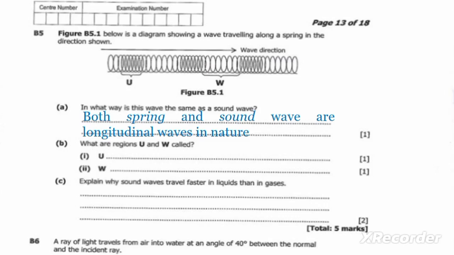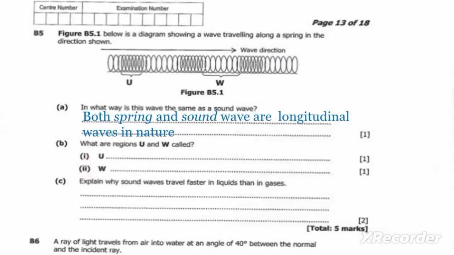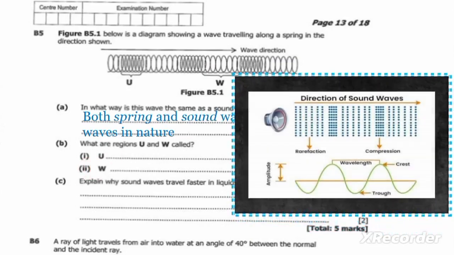We move to the next question, which is question B. What are the regions U and W called? Roman numeral 1, U. To answer this question, let us look at this.